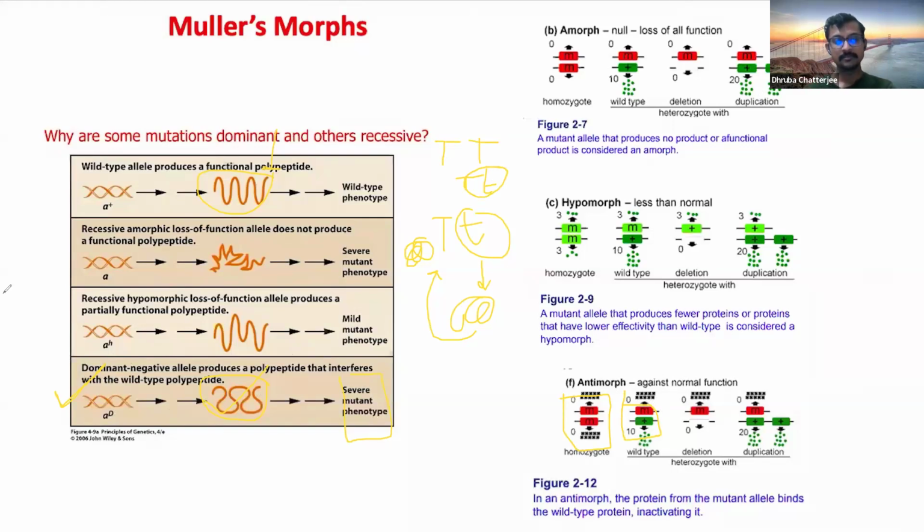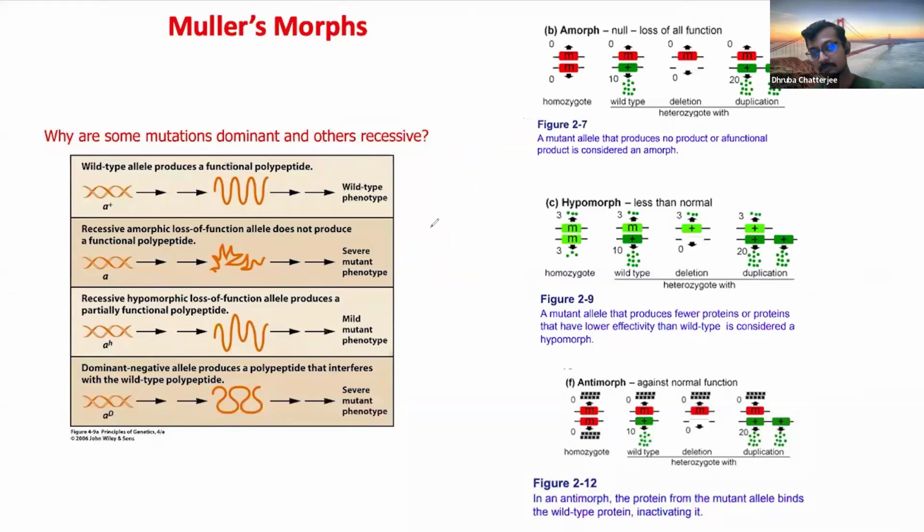Okay, so this is a bit of a molecular biology picture of what causes dominance and recessiveness: why some alleles, or the mutants or variants of one particular gene, are dominant, some are recessive, and some are not only positively dominant, some can also be dominant negative.